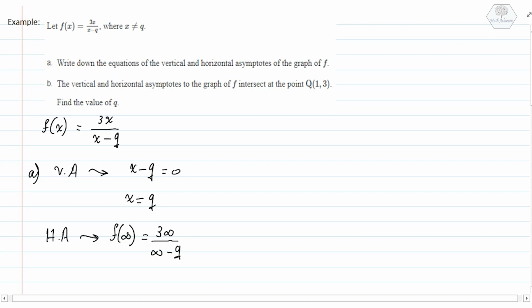Here the minus q won't affect the infinity, so I have 3 infinity over infinity. These infinities cross out, so the horizontal asymptote is y is equal to 3. This is my horizontal asymptote.